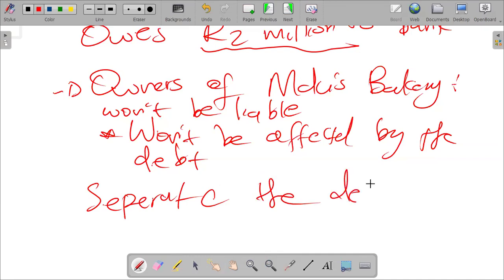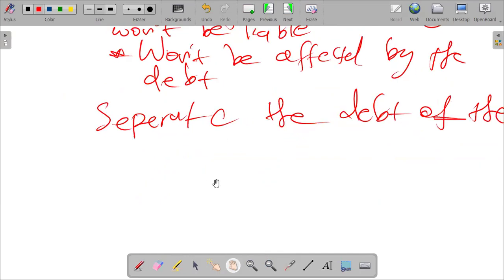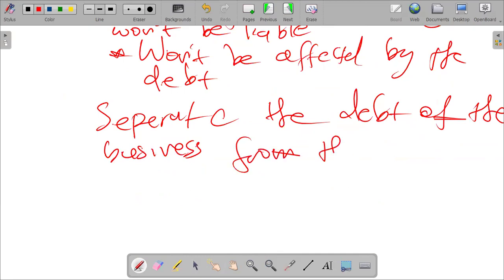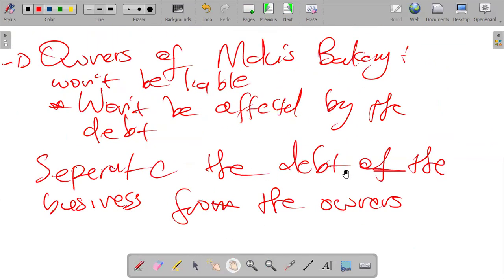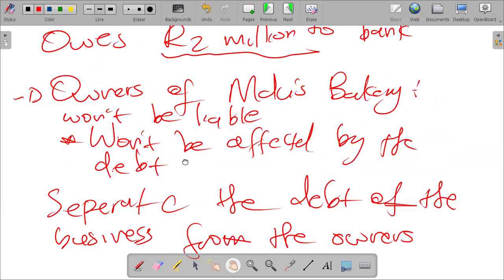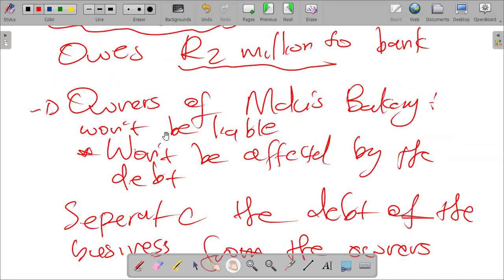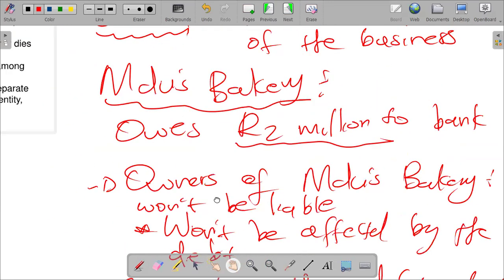You separate the debt of the business from the owners. All right. So you separate the debt of the business from the owners. The owners of the business won't be affected by the debt.